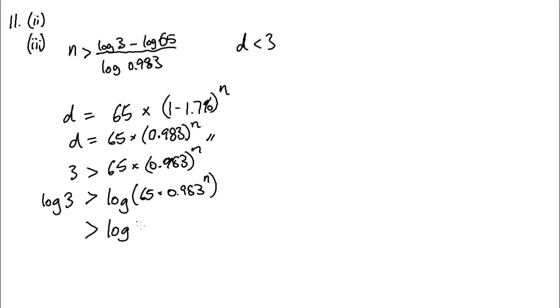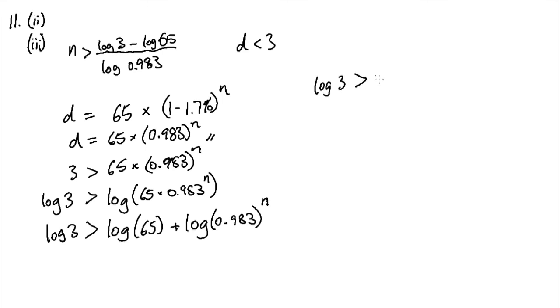And we know the log rules. This thing is just log of 65 plus the log of 0.983 to the n, and this power can be dropped, so that I get log 3 is larger than log of 65 plus n log 0.983.